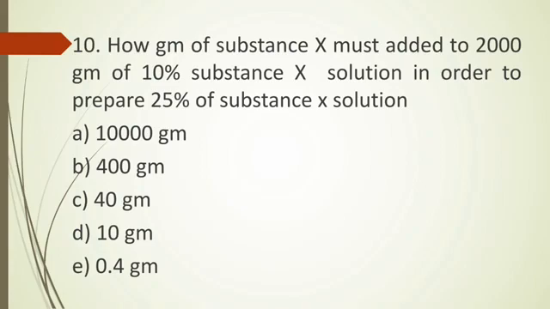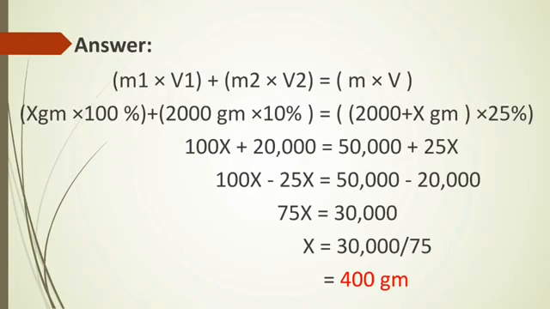So for the final mixture, we are using X gram of substance X, and we are adding that to 2000 gram. So the total mass of the final mixture will be X plus 2000, into 25%. So once again, M1V1 plus M2V2 is equal to M into V. The first mixture is the pure drug.